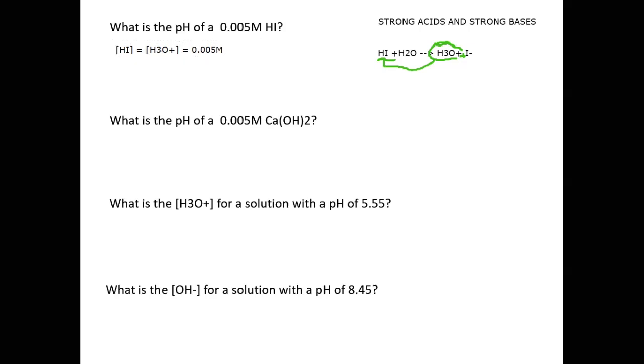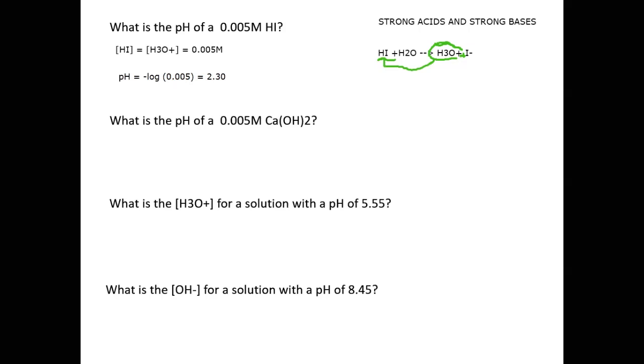So to find the pH, pH equals the negative log of 0.005. And if it's an acid, it should be less than 7. And we get 2.3. It's just common to write pH to the hundredths place.